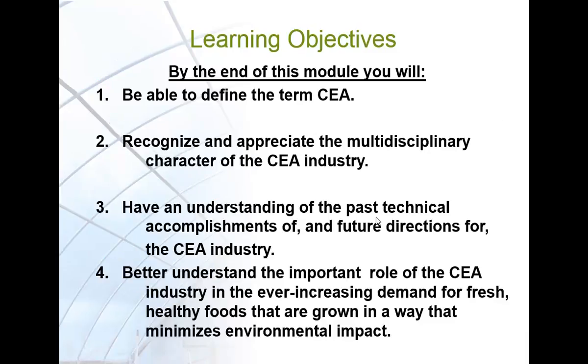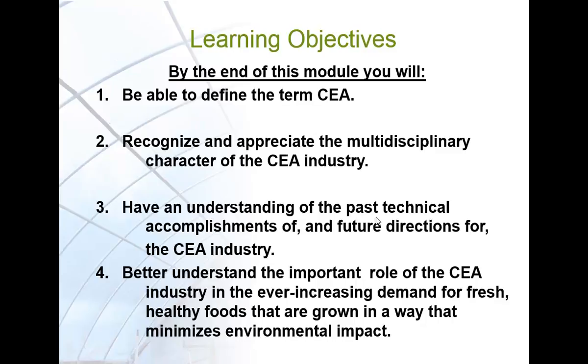The primary objectives. We want you to be able to define the term CEA, plus recognize and appreciate the multidisciplinary character of the CEA industry, which includes engineering science, plant science, and the development of the horticultural science for food production.